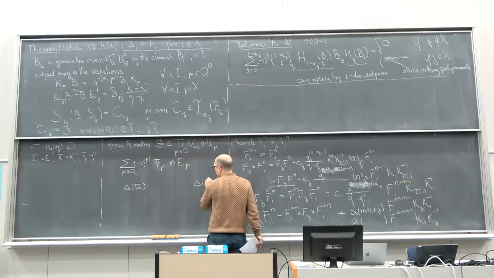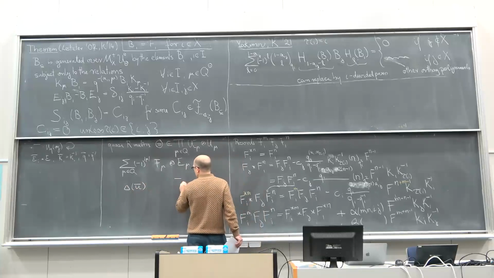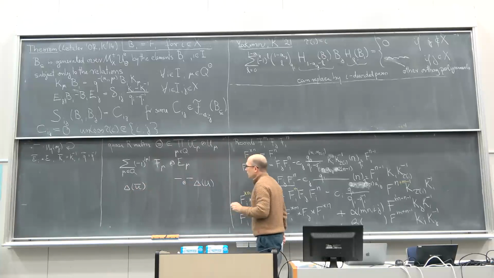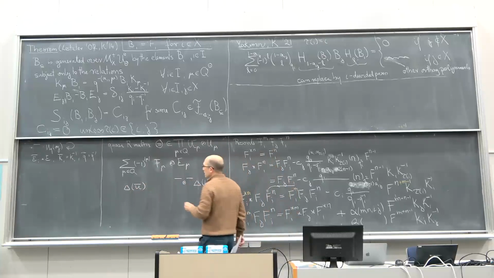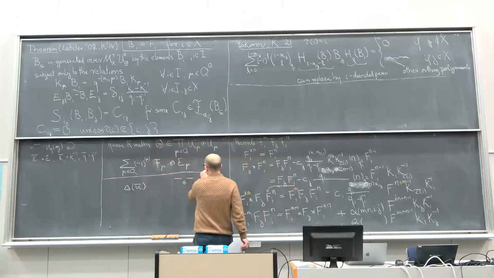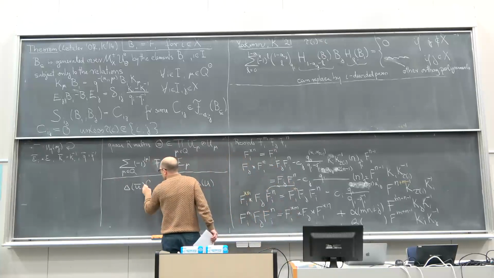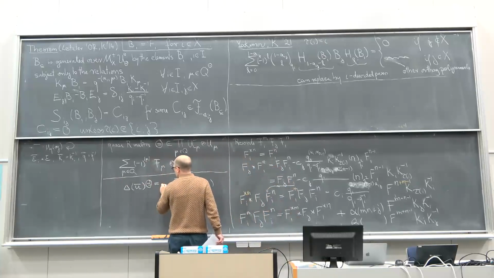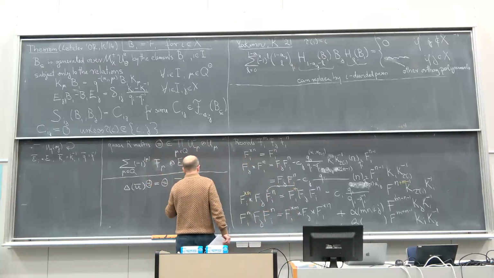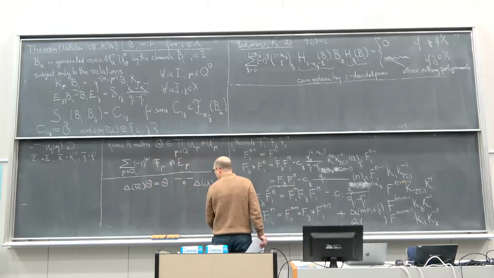On the other hand, we can look at bar tensor bar of Delta(u). And so this quasi-R matrix intertwines between these two elements for all u.